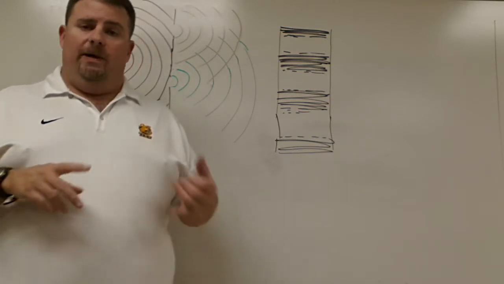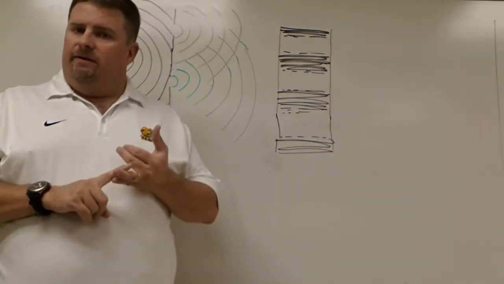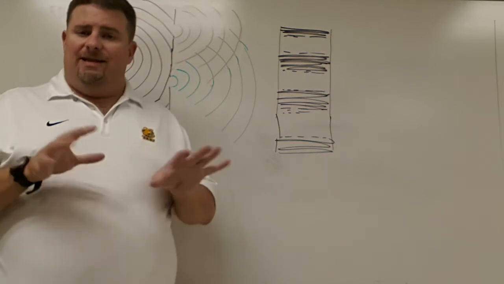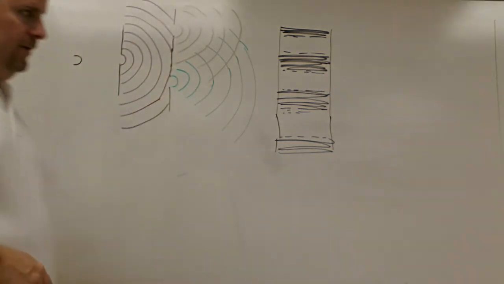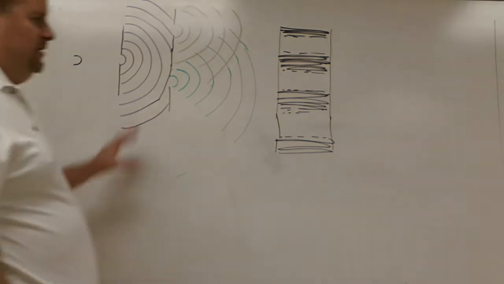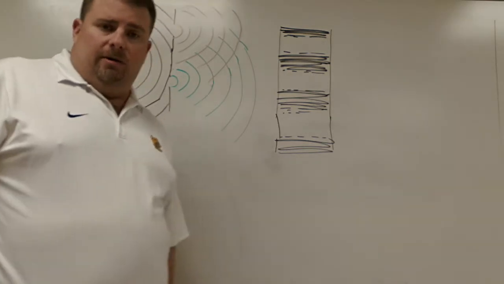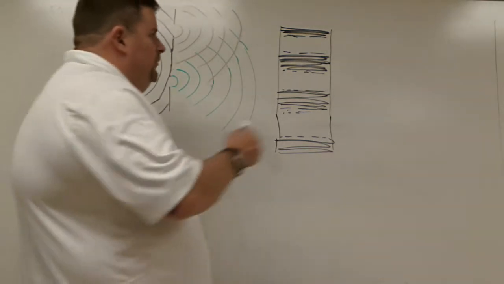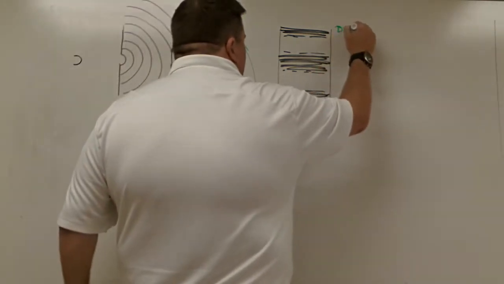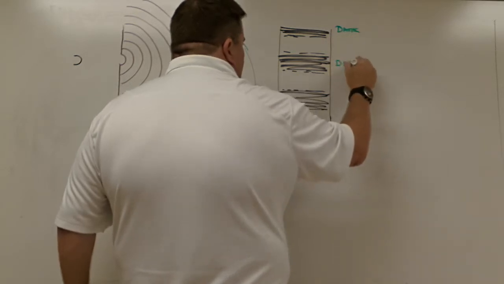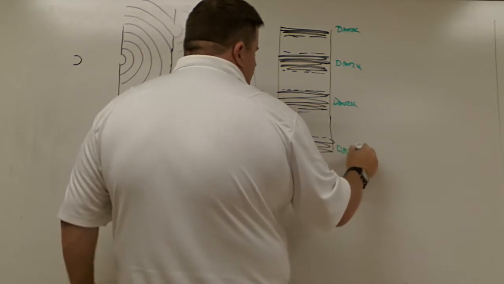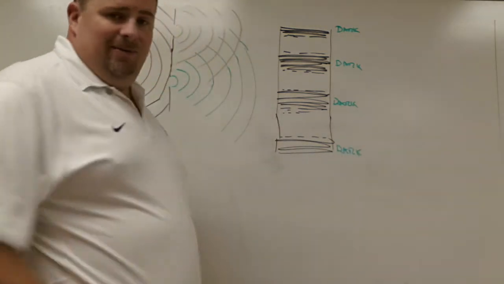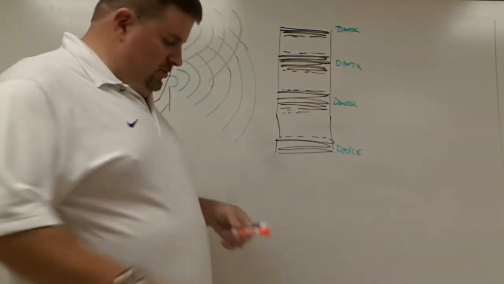Now, these waves, when they interact with each other, are going to have two possible outcomes. They're going to be constructive or destructive. Destructive waves means that they cancel out, and constructive waves means that they're additive. So what we ended up seeing with the double slit experiment is two outcomes. We had areas which were dark, and other areas that actually seem to be more intense than their light source.